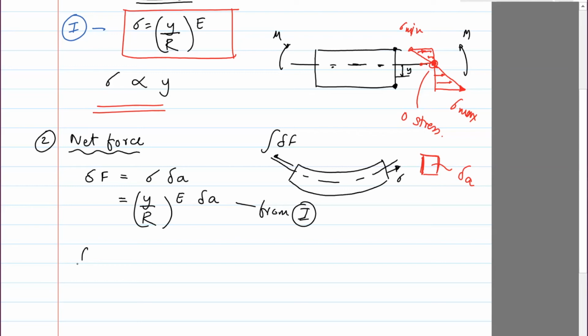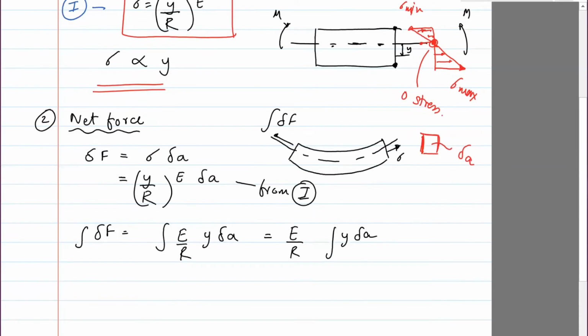Then we need to take the integral across that surface. So I'm going to move things around: E divided by R, integral y delta A, but E is a constant. The radius of curvature, which is 1 divided by R, is also a constant. So we can take that out. So we are left with the integral of y delta A.